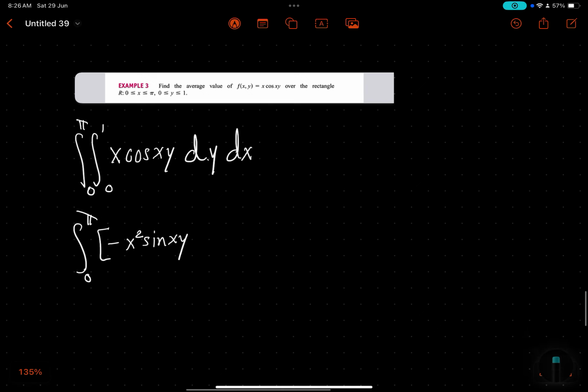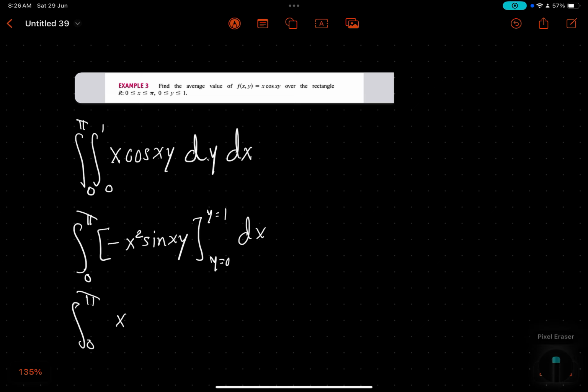Okay, and so we evaluate from 0 to 1, y equals 1, y equals 0, of dx. This is just 0 minus x squared.